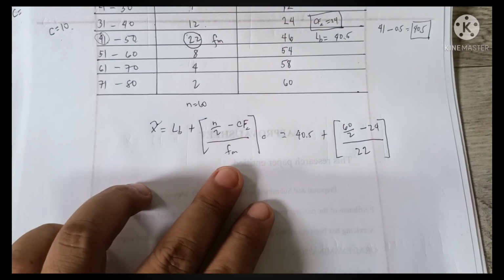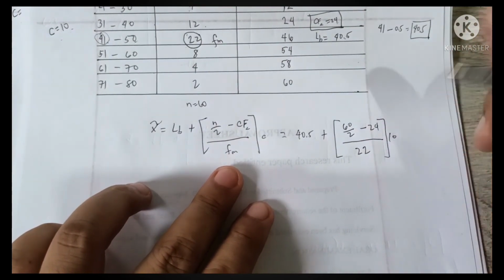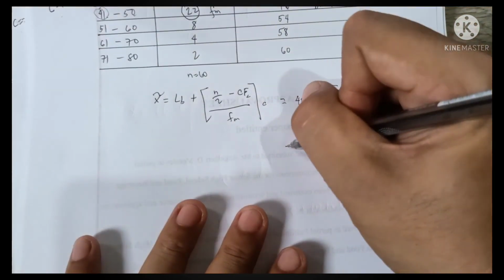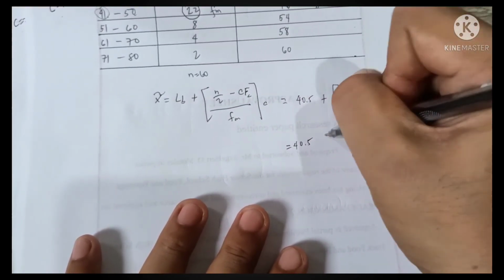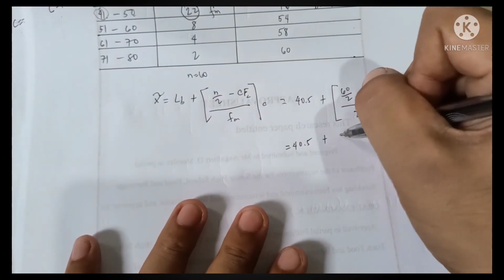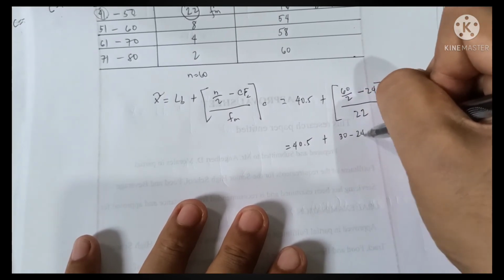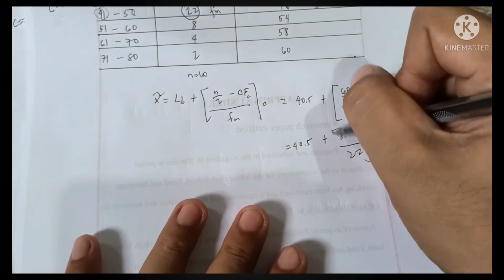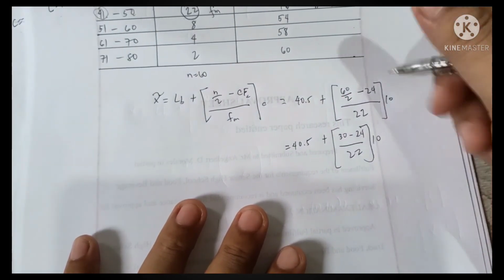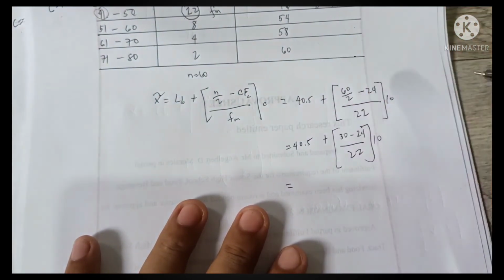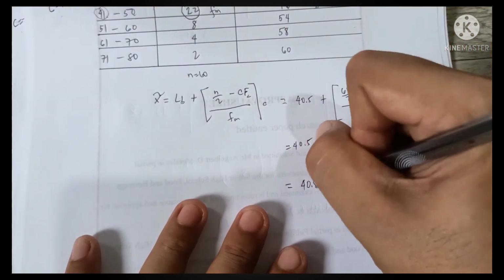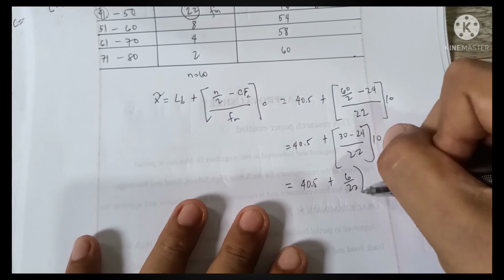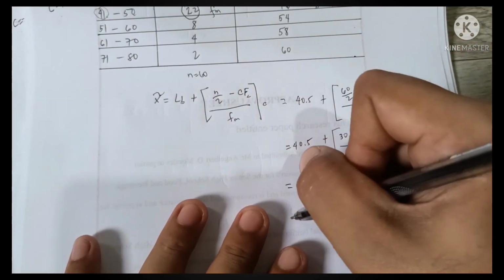Then, the class interval is 10. Okay. Now, let's proceed. So, copy lang the 40.5 plus, so we'll be having 30 minus 24 all over 22. Okay. Times 10. So, copy again the 40.5 plus, so this is 6 over 22 times 10.